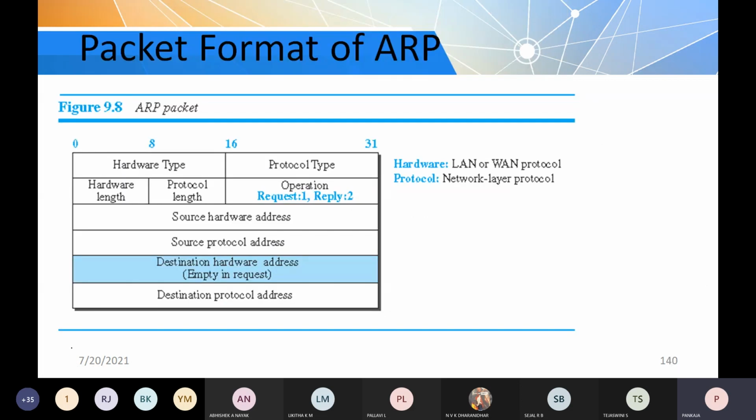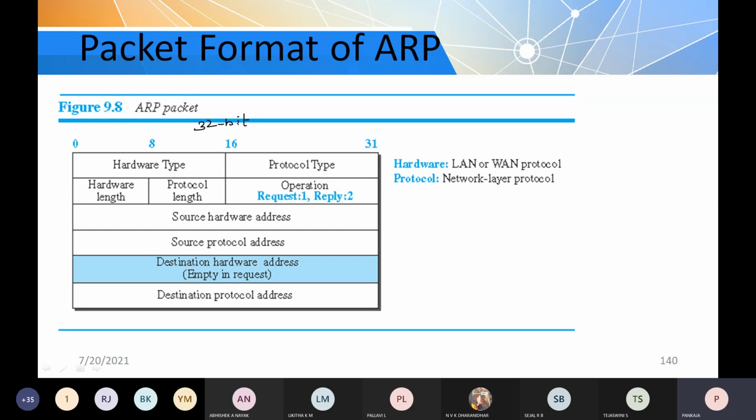So here we have a standard packet format for ARP. You can just observe here. What are the fields present? It is a 32-bit packet format, so the total size is 32-bit. In that 32-bit, what information is it representing?